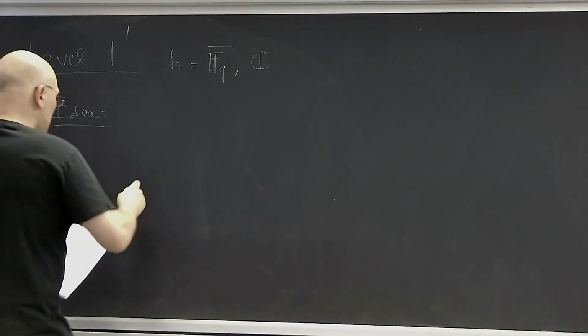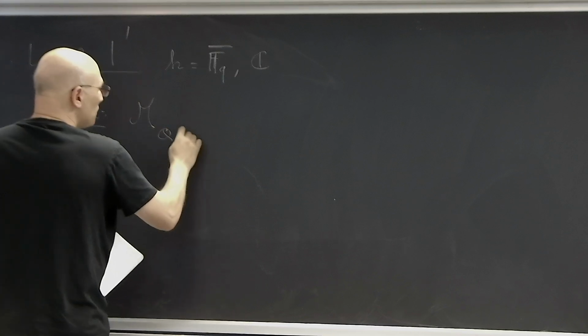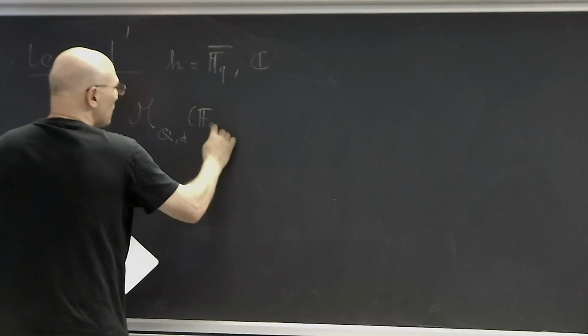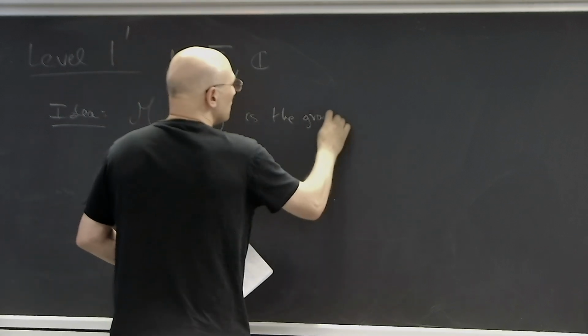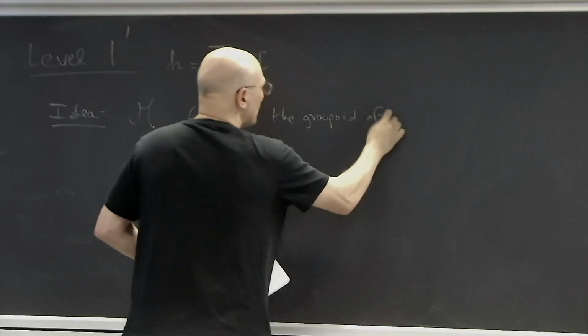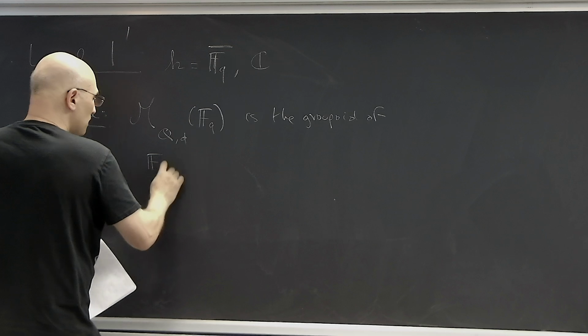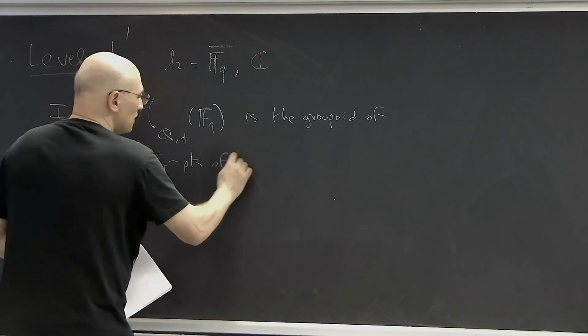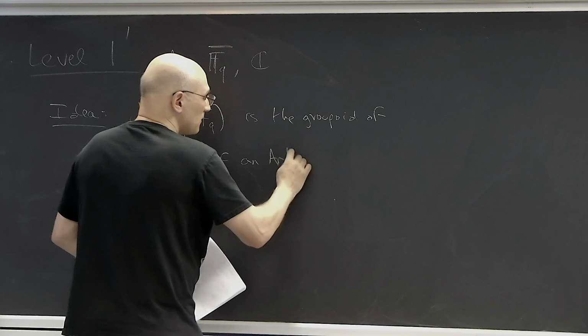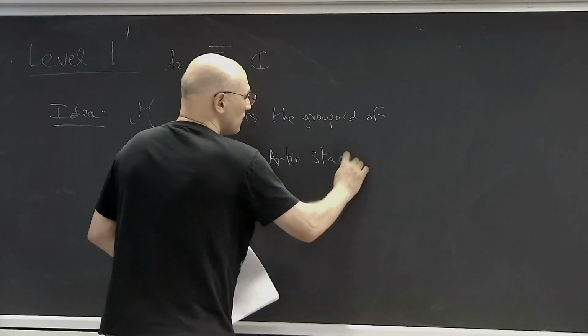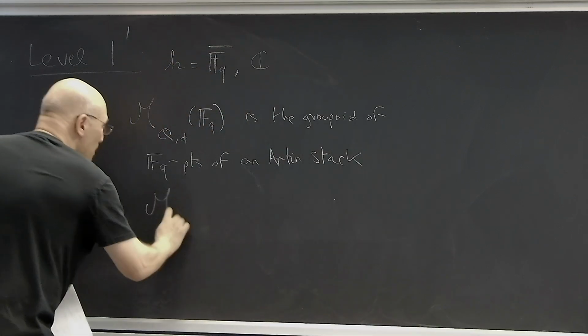So the idea is that this orbifold that I considered before, MQD of FQ, is the groupoid of FQ points of an Artin stack that I call MQD.